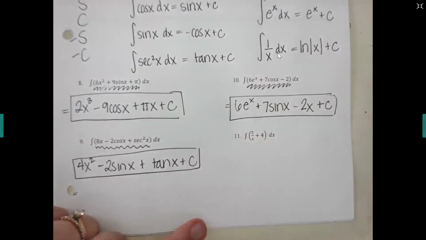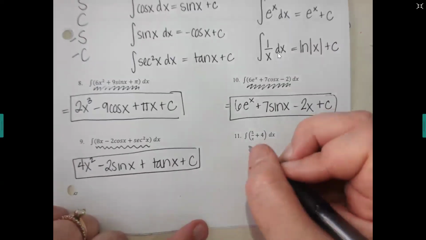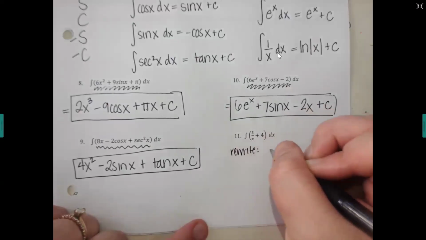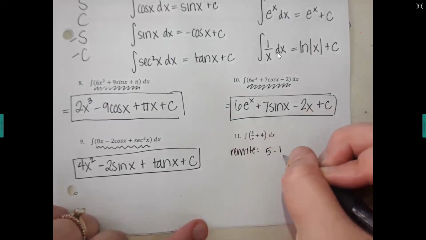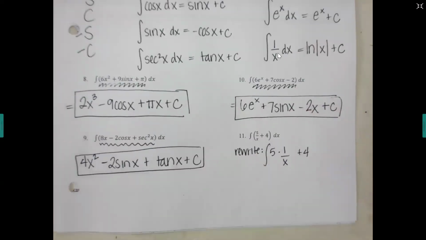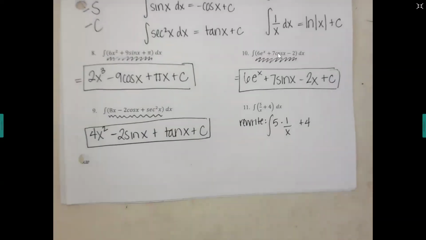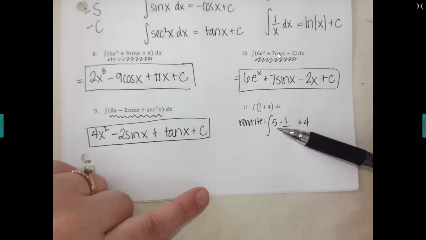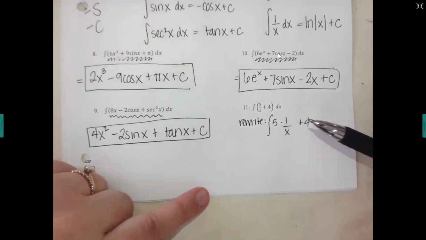Okay, last one. If you have a 5 over x, I want you to rewrite that. That is the same as 5 times 1 over x. That way it'll make it more obvious that when I take the antiderivative of 1 over x, what do we know we go back to? ln, very good, natural log.